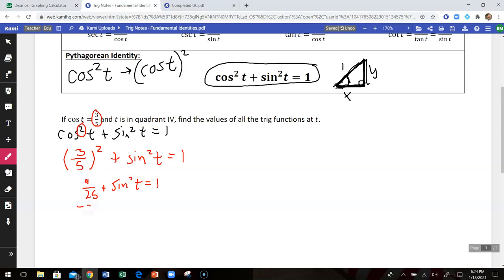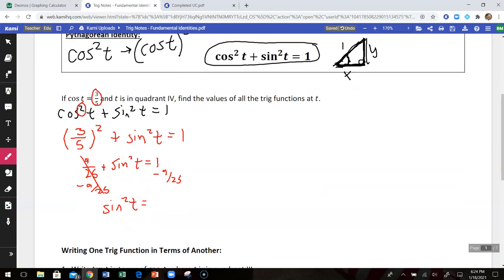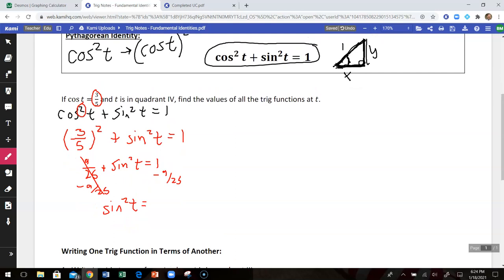I'm then going to subtract the 9/25 over to the other side of the equation. So we have sine squared of t is equal to, now what is 1 minus 9/25? Well, in order to do that, we could think of 1 as being 25/25. 25/25 minus 9/25 would give me 16/25.